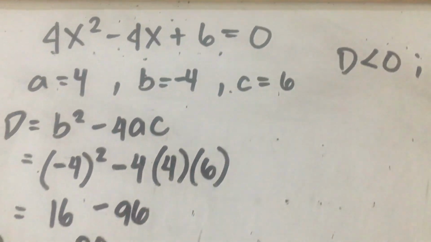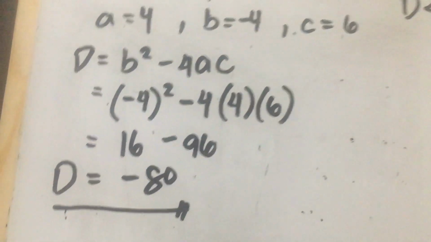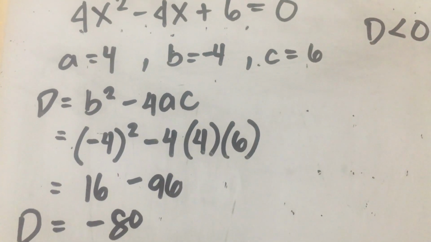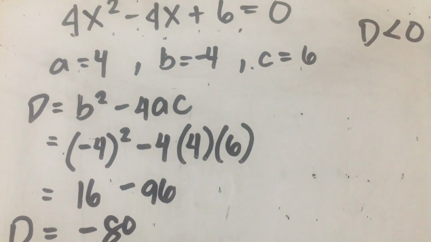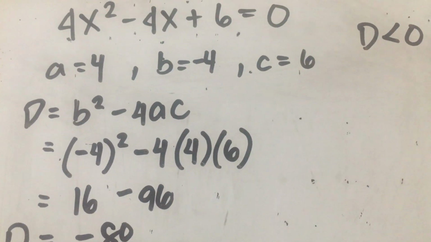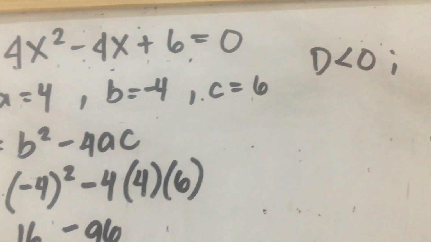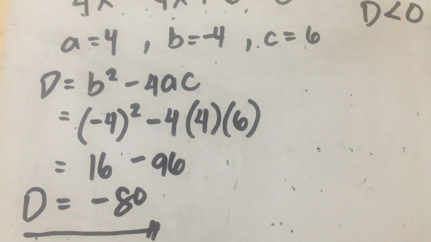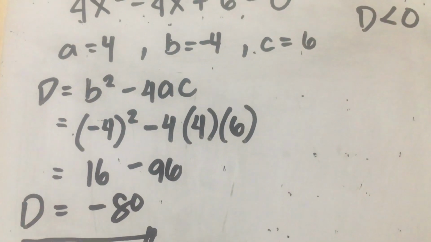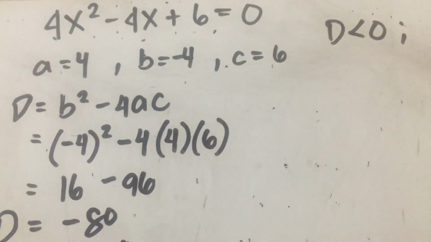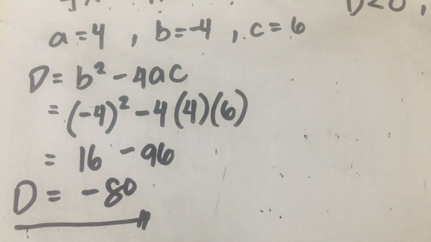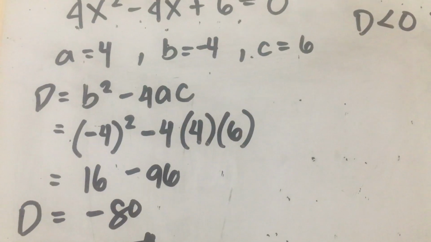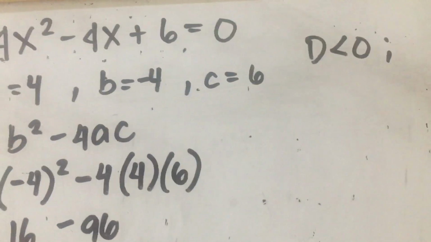And if your discriminant is greater than 0 but not a perfect square, it means that your roots are irrational as well as unequal. Now in our example, your discriminant is less than 0 because it is -80. So your possible roots are imaginary numbers.